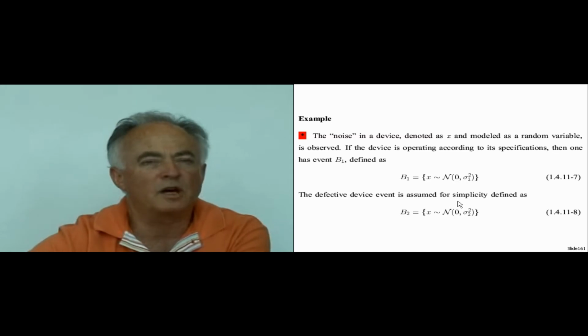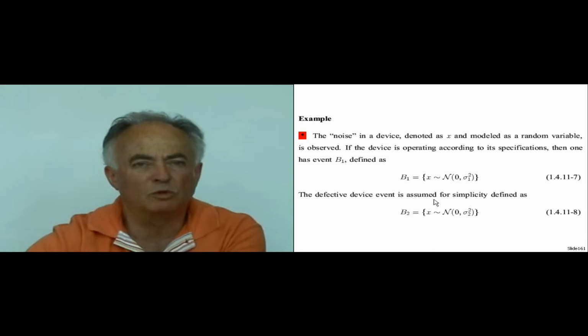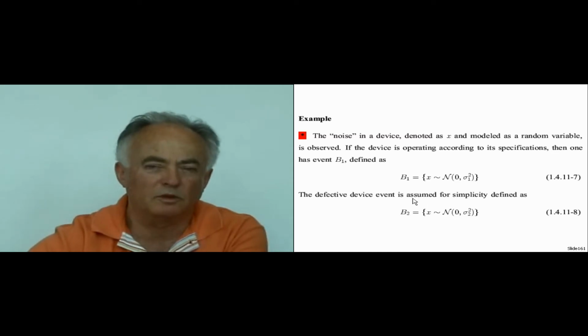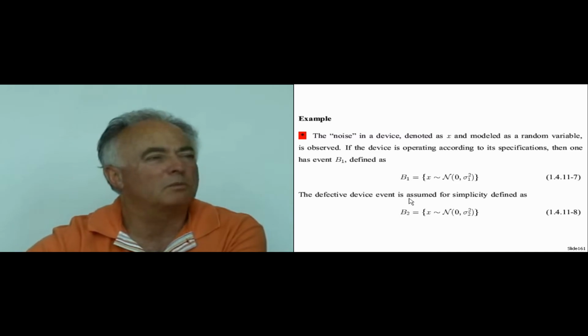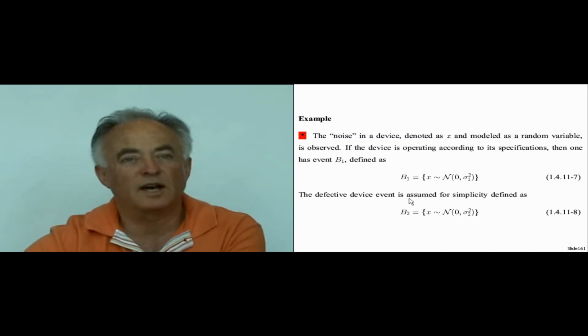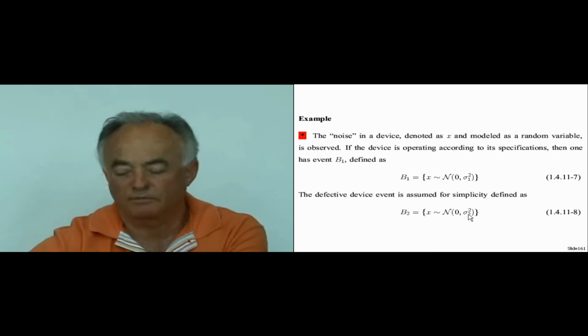Now, if the device becomes defective, effectively what you have is much more noise. Every perfect or well-operating device will have some noise, hopefully low noise. A device that's not working properly has a large noise. So we have a somewhat simple definition of a defective device: the noise in it is still Gaussian, still mean 0, but with a new variance sigma 2 squared.